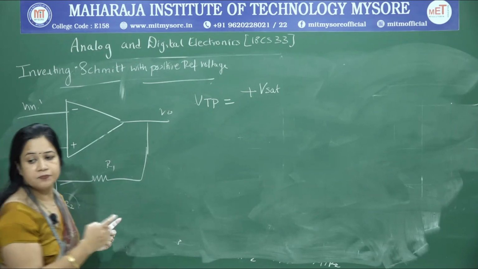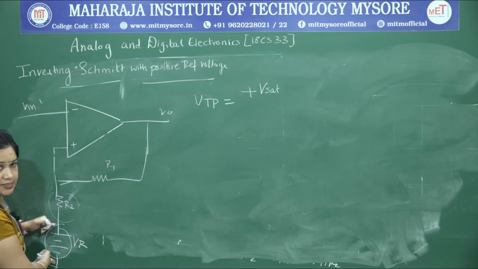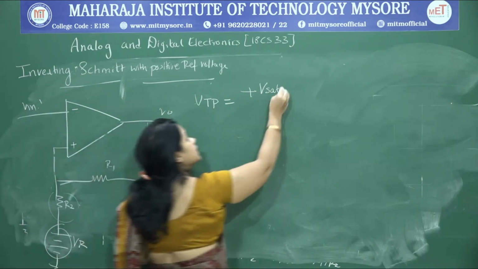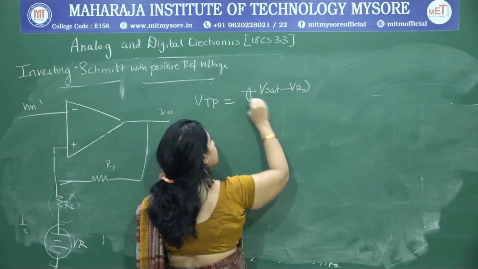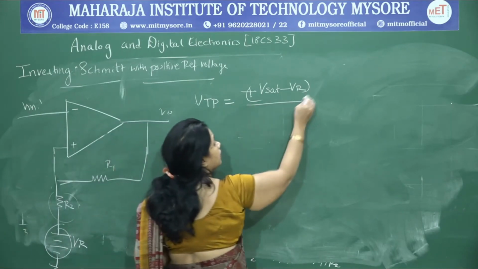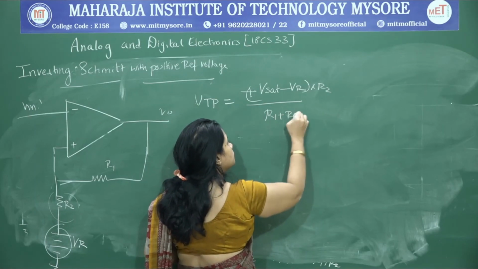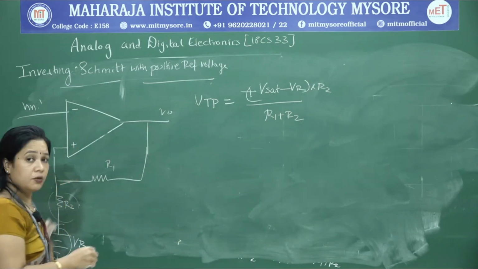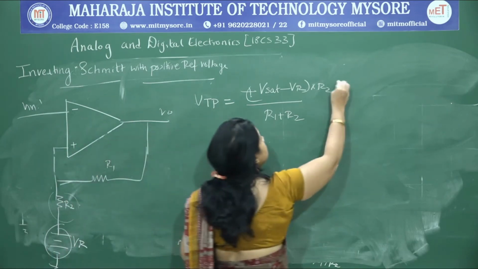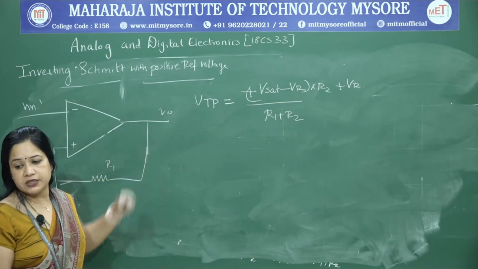You observe a voltage source in series here, so we need to consider the voltage drop across R2 alone, VSAT into R2 divided by R1 plus R2, plus we need to consider this voltage source as well, so it becomes plus VR. So this is your upper threshold point.